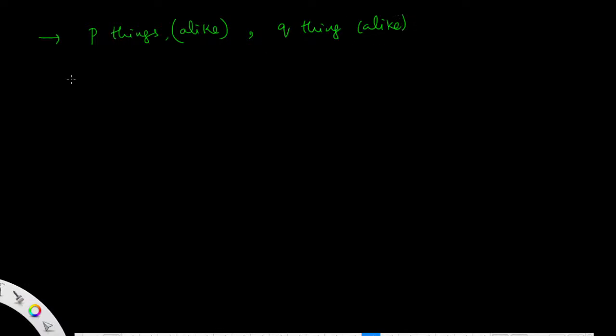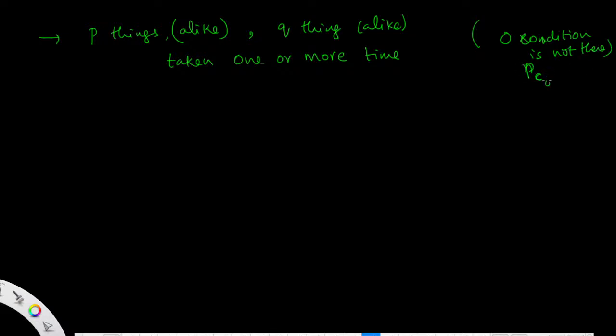The condition is that things are taken one or more times, which means the zero condition is not there. Out of n things, zero selection is not allowed, so you write minus 1. Therefore, the number of possible cases is P plus 1 into Q plus 1 minus 1, because the zero selection is not considered.